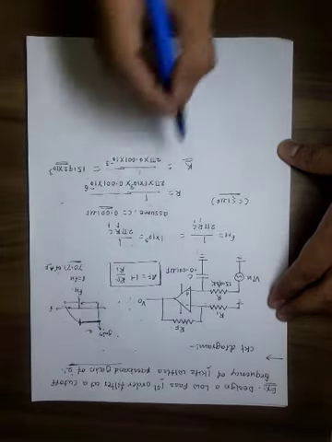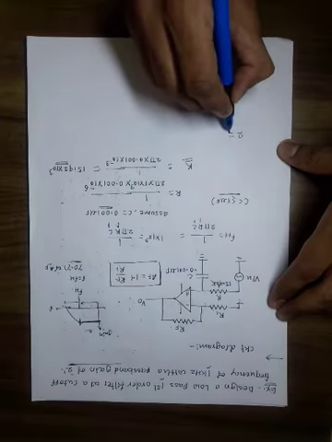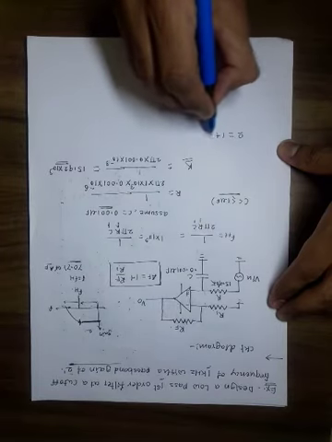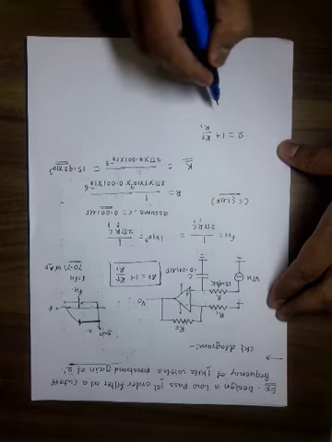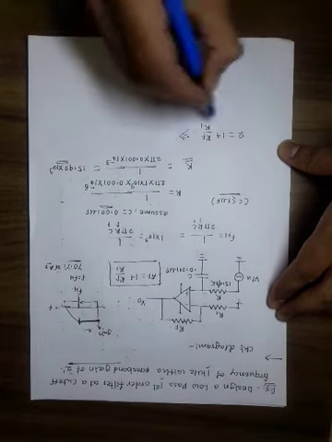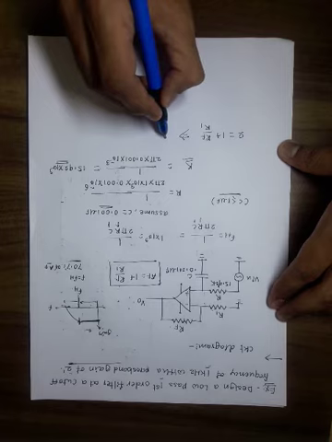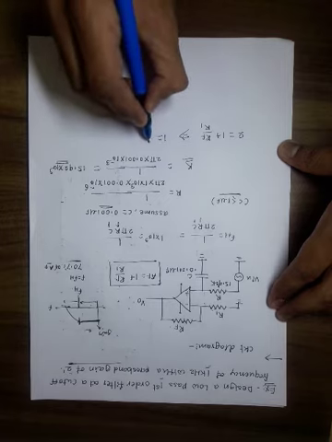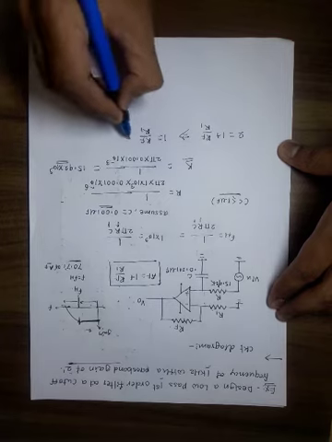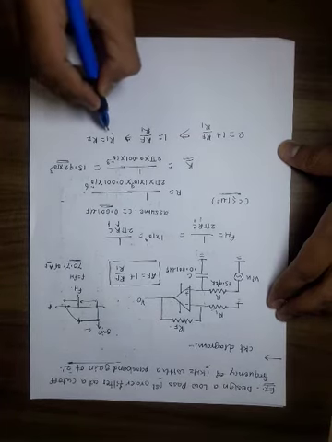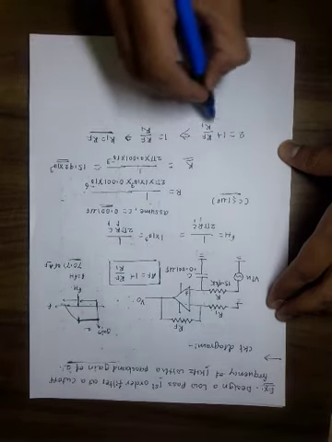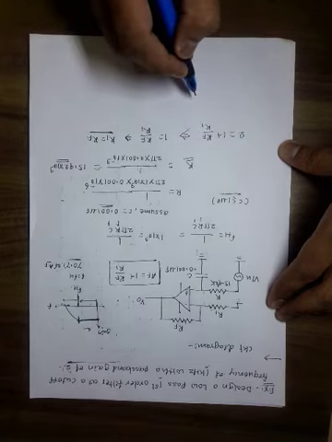Passband gain is given as 2, so 2 equals 1 plus RF upon R1. Rearranging, 1 equals RF upon R1. So we can write R1 equals RF.